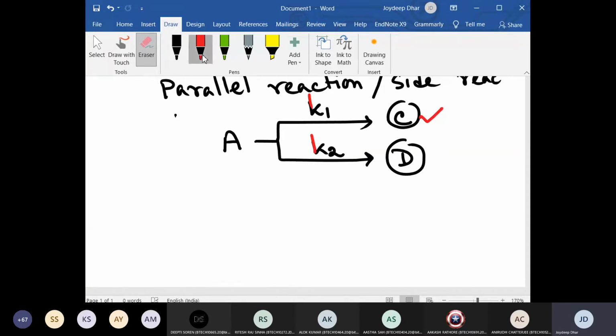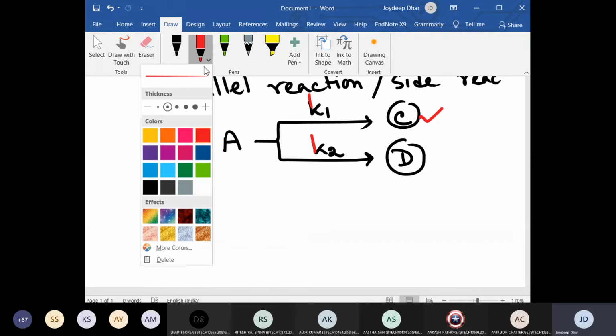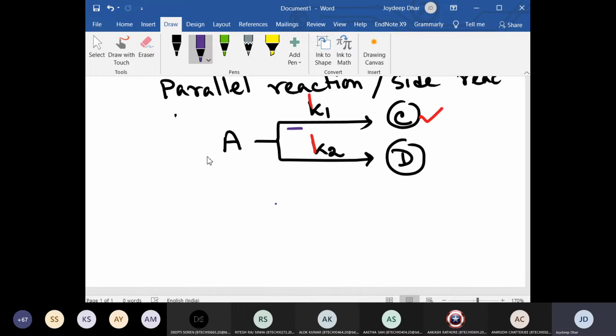I can think that the product, whatever C has formed, that can come back to A. Similarly, D can also come back to A. So I can have another rate constant. One is K minus 1.